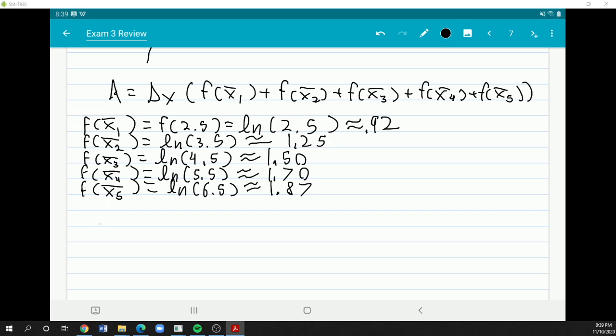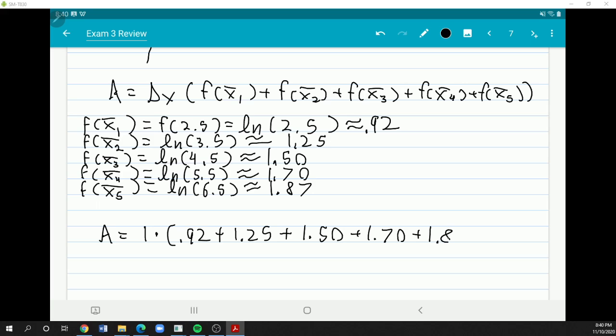Finally, A is equal to 1 because that's delta x, 0.92 plus 1.25 plus 1.50 plus 1.70 plus 1.87.